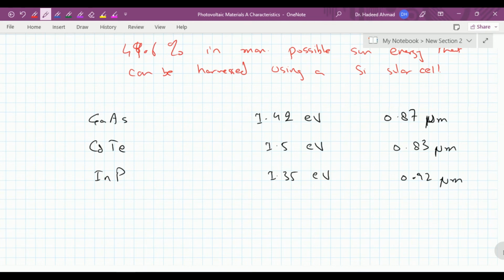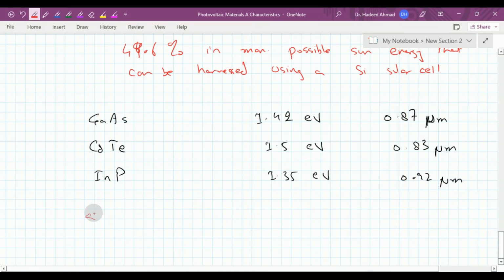Now that we have understood these things, we should notice that if we have a material with a smaller band gap energy requirement, then there are more photons capable of exciting the electrons, and therefore the device would be able to produce more current.